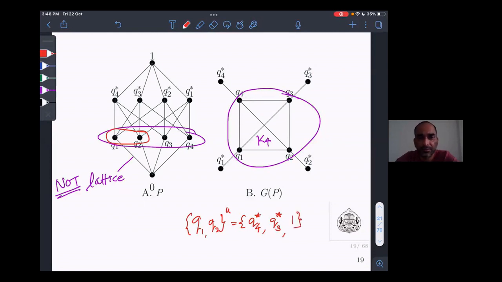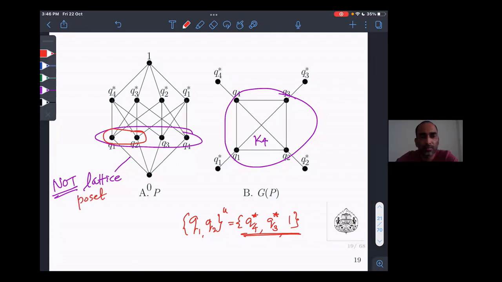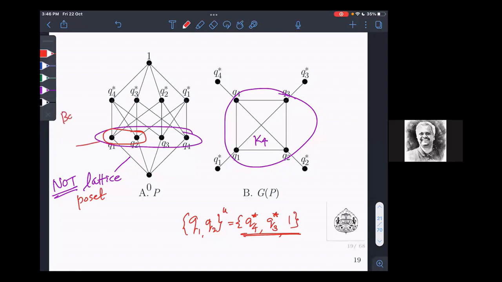But what is the least element among these Q4 star, Q3 star and 1? It does not exist. So it's not a lattice, it's a poset with 4 atoms. And moreover, for those familiar with poset theory, this is a Boolean poset.